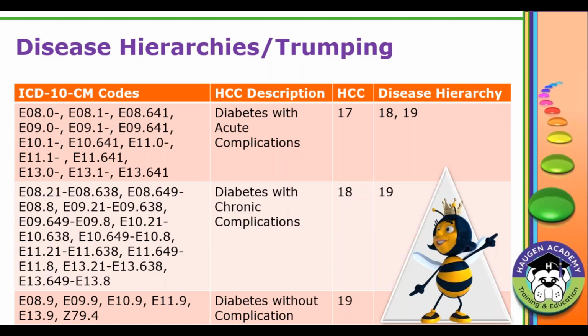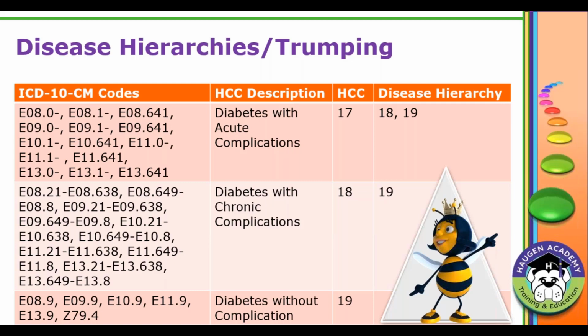You can look up the hierarchies online again, and if you have software, it would do this for you. But you can see on this slide, diabetes without complication is HCC 19. And if you look in the row above that, if they have chronic or acute complications, the 19 is going to be included in the HCC 17 and 18.